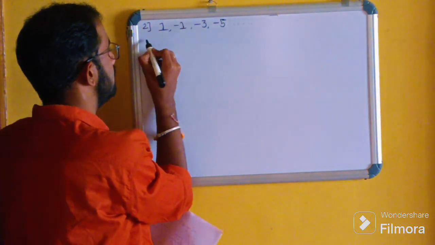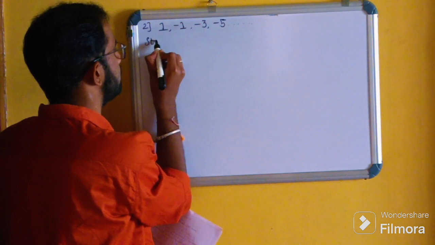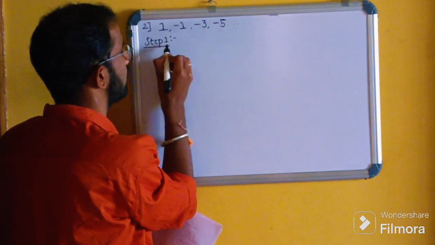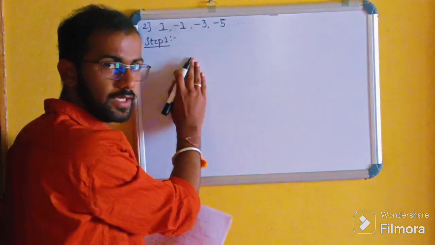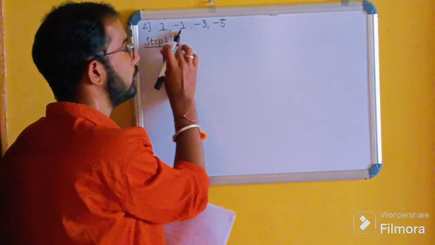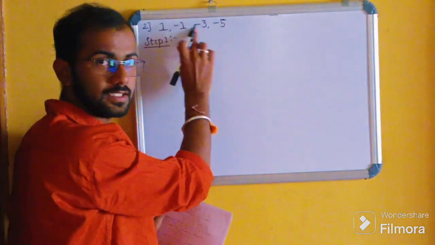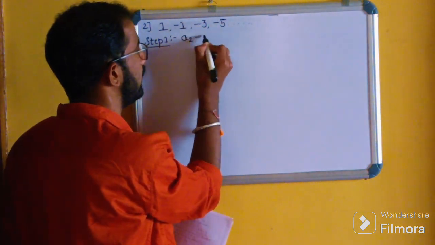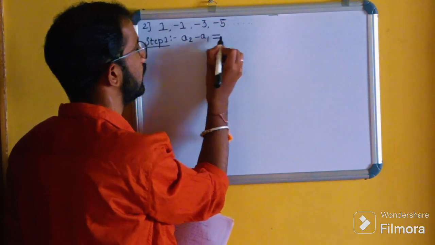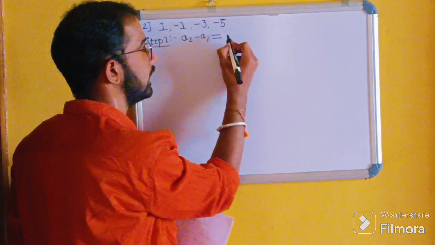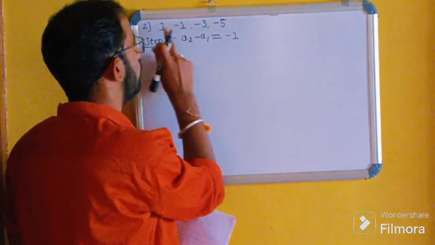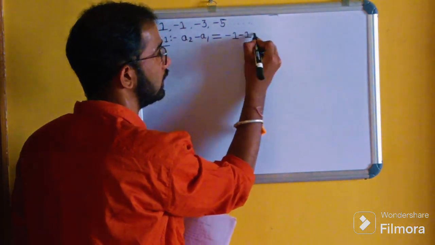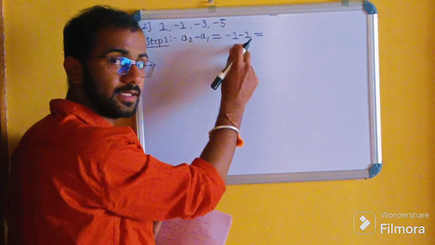In order to find out, we have to check the difference. So a2 minus a1. What is a2? It is -1. What is a1? It is 1. So -1 minus 1 is -2. Let's check a3 minus a2.